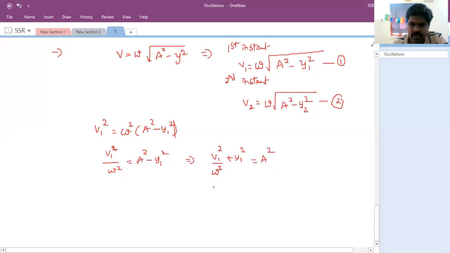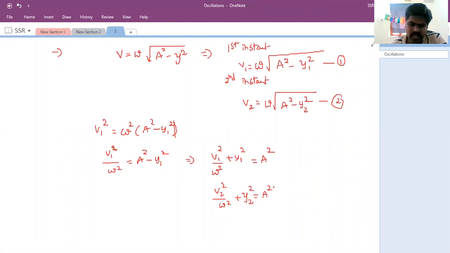Similarly for V2, V2 square by omega square plus y2 square is equal to a square. These are equation number 3 and 4. Yes or no?